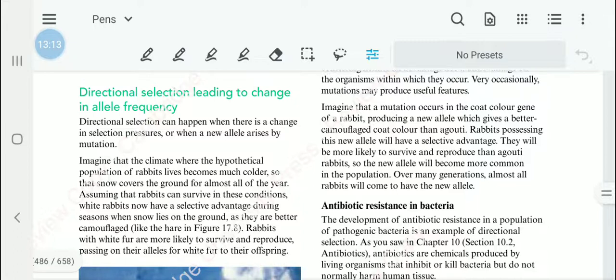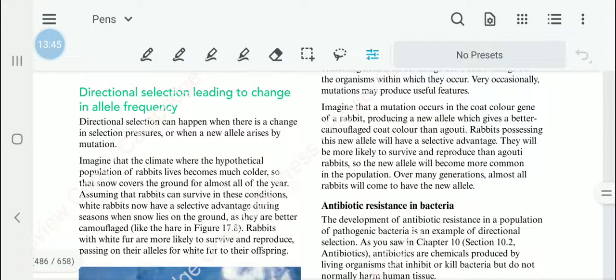So if there is a mutation in rabbits that has an effect on the coat color, that gives a better coat color than agouti, then that allele will have a selective advantage, and those animals will be able to survive and reproduce better than agouti rabbits.